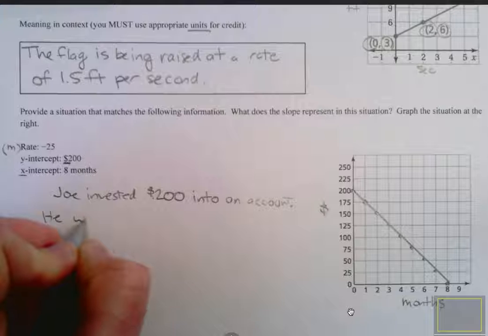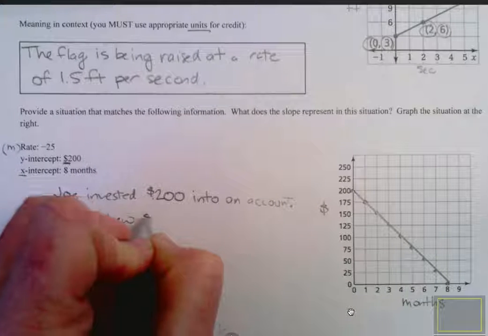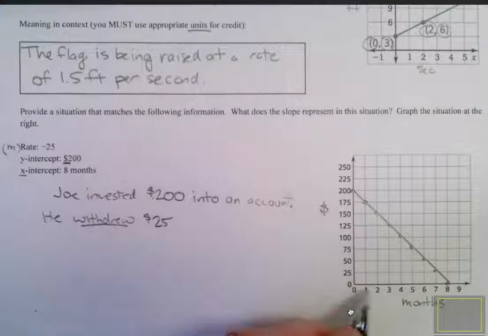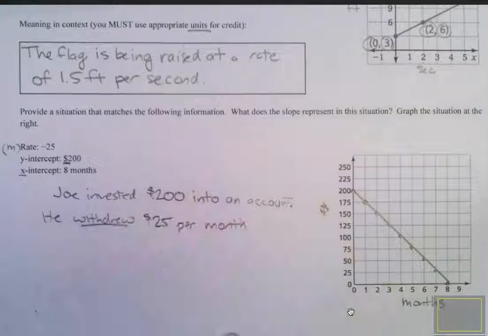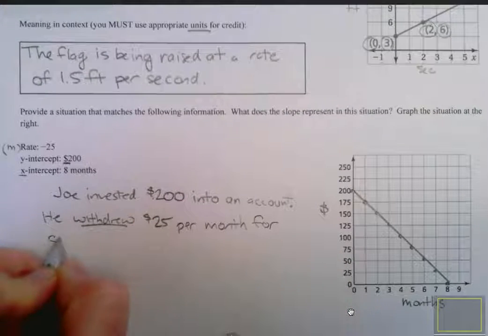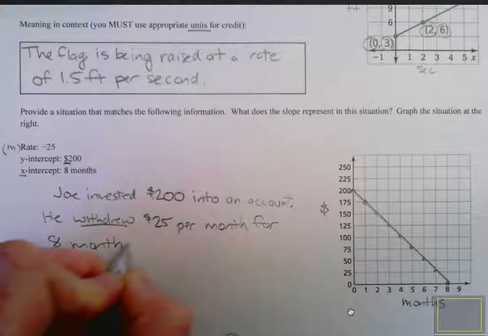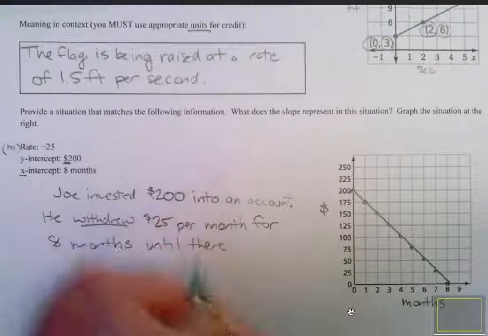He withdrew, meaning it's going to go down, he withdrew $25 each month, per month, for 8 months. Until there was no more money left.